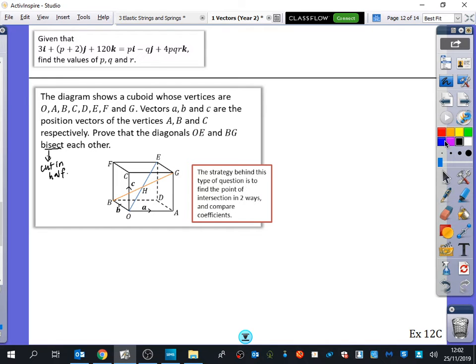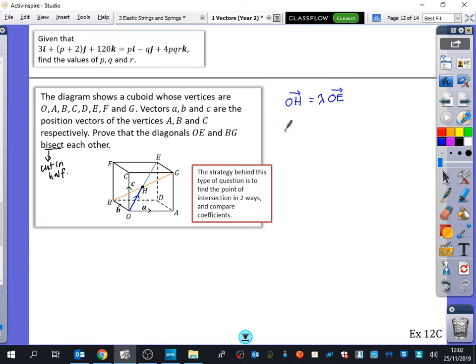Let's do the same strategy. We're going to try and get to, I've called it H, that H point in 2 different journeys. The first journey that I'm going to do, I'll do it in blue, seeing as it's already in this colour here. I'm going to try and work out the vector OH by going some fraction of the way along the line OE.